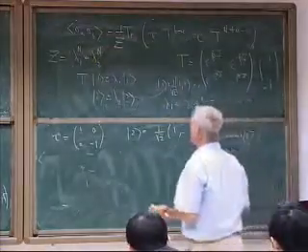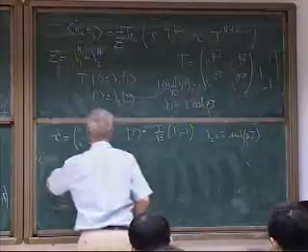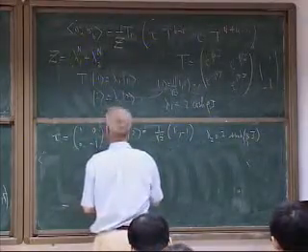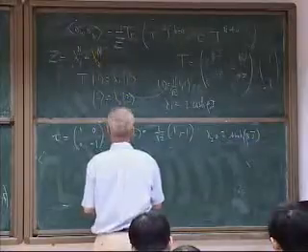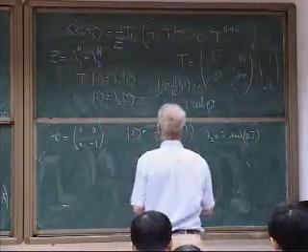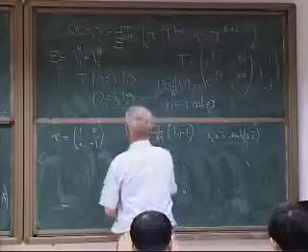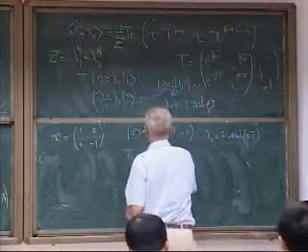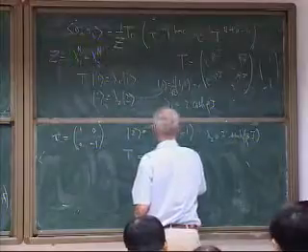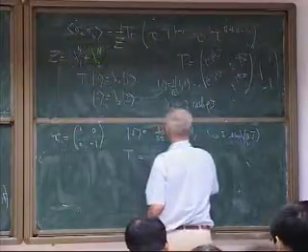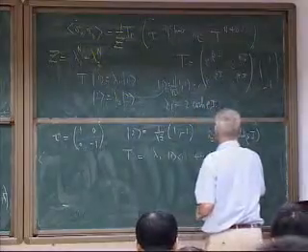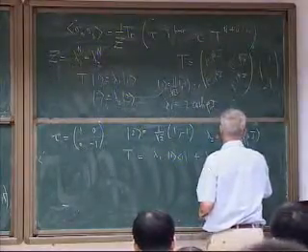Now, the matrix T, I can write it as lambda 1 times the projector on vector 1 plus lambda 2 times the projector on 2.